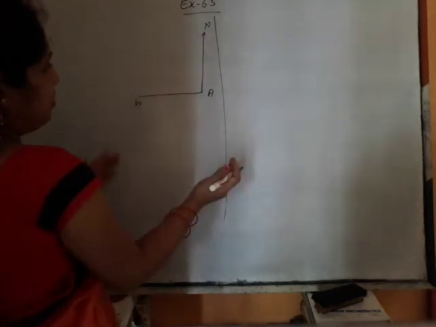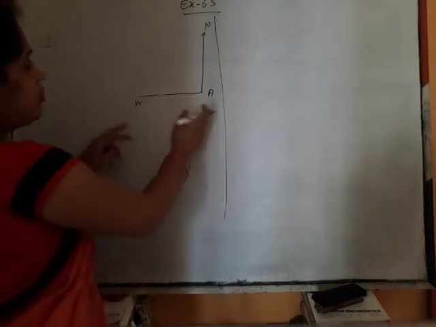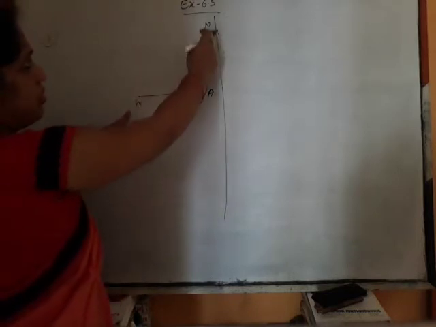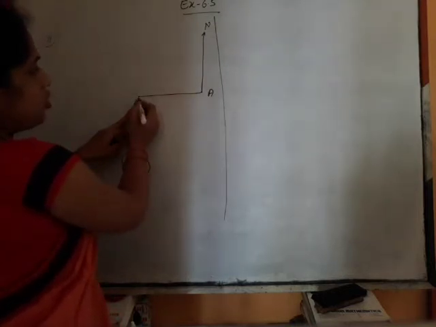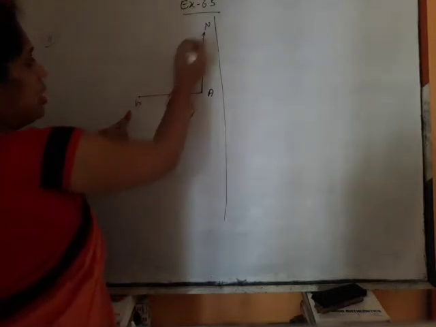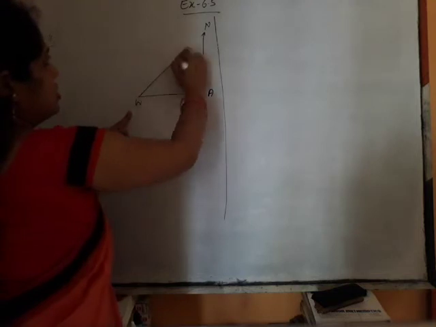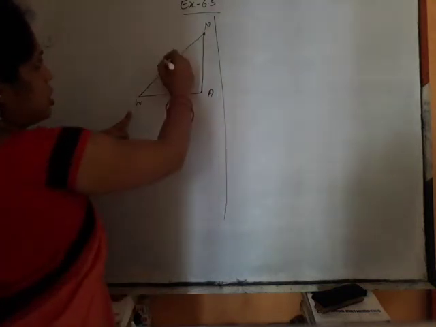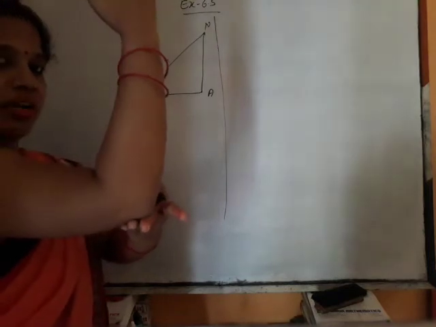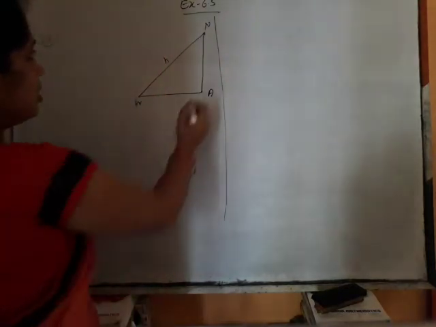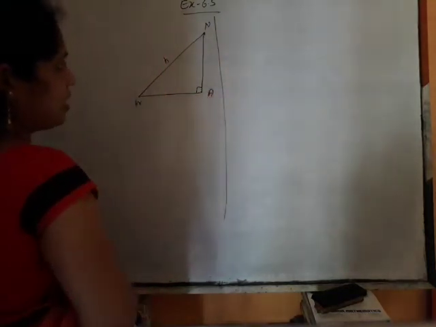After 1.5 hours, suppose the plane which is going north has reached this position N and the plane which is going west has reached position W here. So this is the length between the two planes, H. We know that south, north and west make a right angle with each other, so they make a right angle triangle.